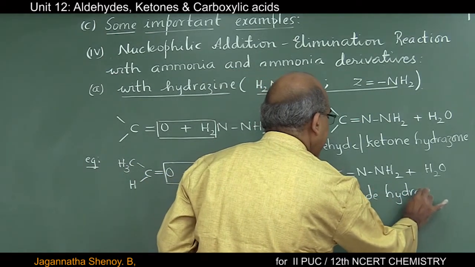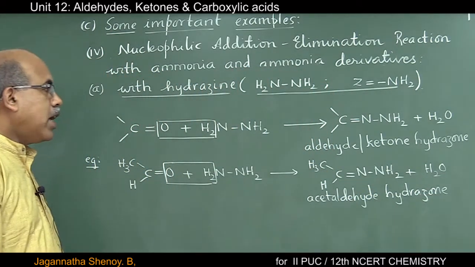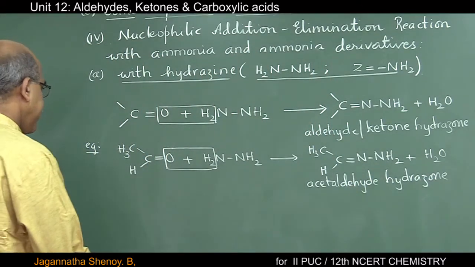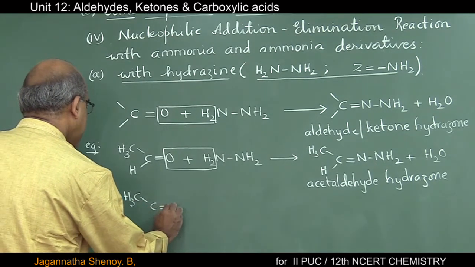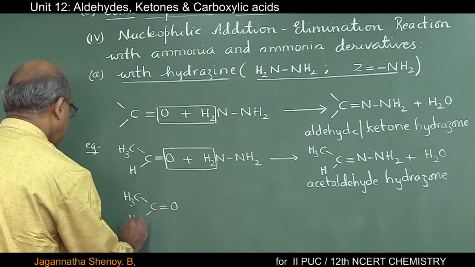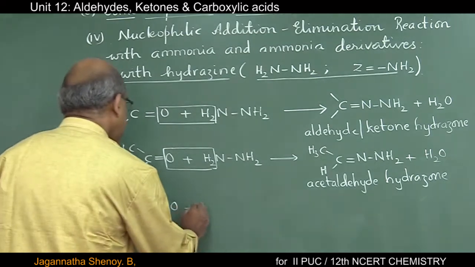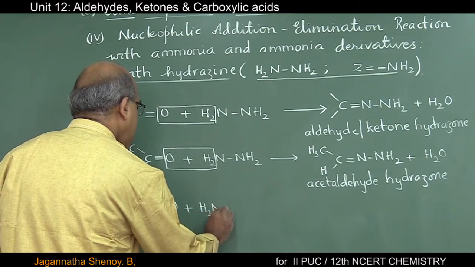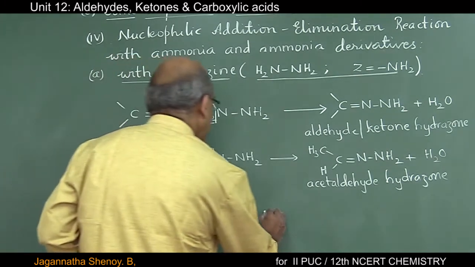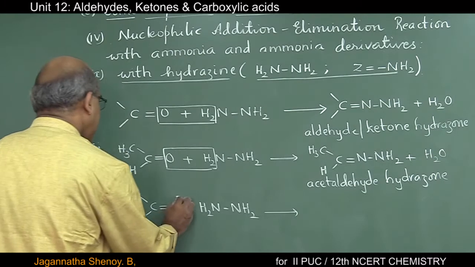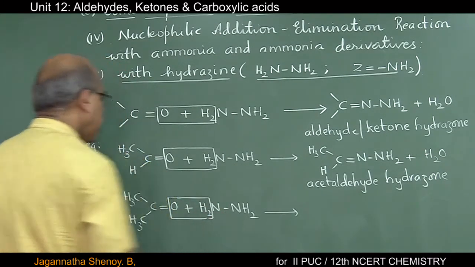In the same way, we can write the equation for the reaction between acetone and hydrazine. Acetone, I'll write it like this: CH3C double bond O CH3. In the same way, I'll write the equation with hydrazine, NH2 single bond NH2. You know how the reaction takes place. From here oxygen will go, and from this side two hydrogens will go.